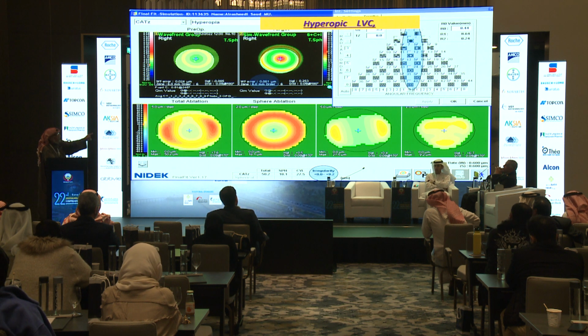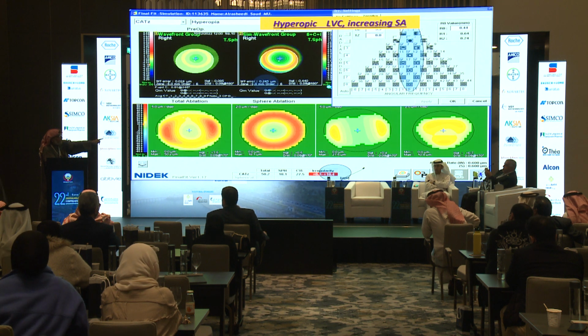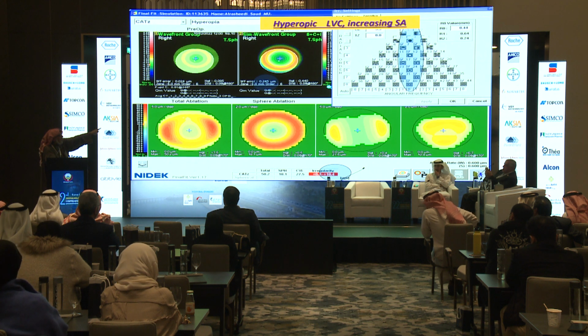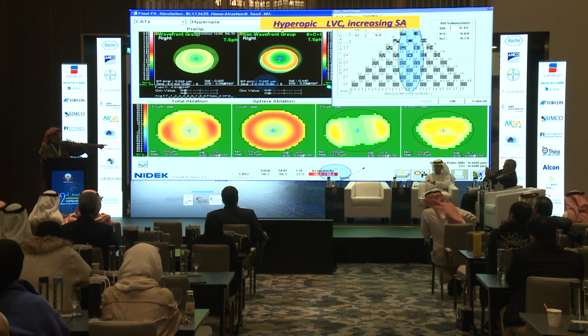Yes, increased. I didn't touch the spherical aberration yet. Now, look at this one and this one. Back again in the center, I just corrected the spherical, and look at this one. From 0.81, it became 2.45. So really, I increased the depth, by just how much? By 10 microns. Only by 10 microns, I gave him a good depth of vision for him to read.